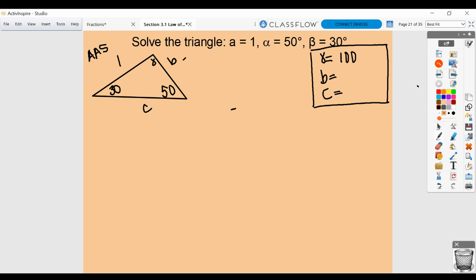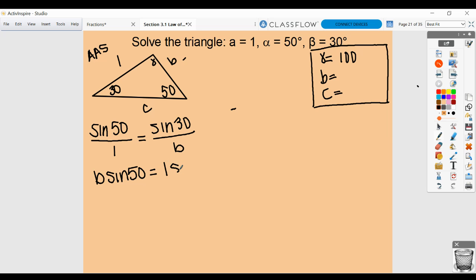Okay, now we can find B and C. So what you want to do first is look for that match, which is alpha and A. So sine of 50 over 1 equals sine of 30 over B. Cross multiply. So you get B sine of 50 equals 1 sine of 30.